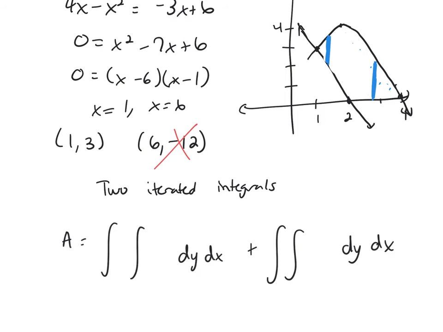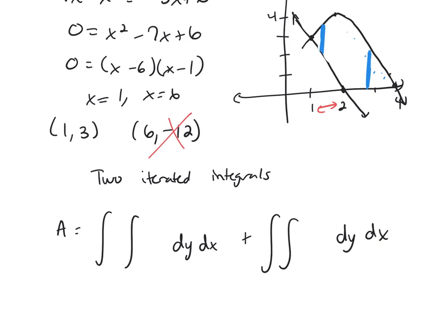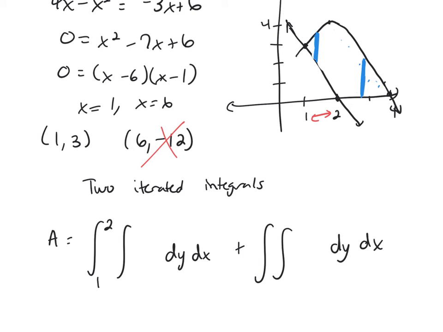okay, so let's see, between x equals 1 to 2, that's going to be the first chunk. And my top function is the parabola, so 4x minus x squared, and the bottom is the line, minus 3x plus 6.